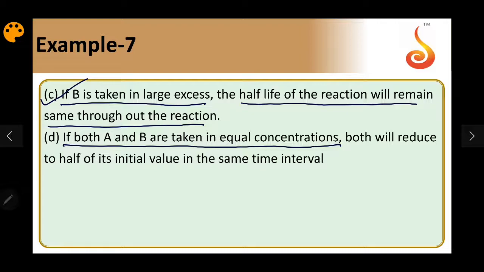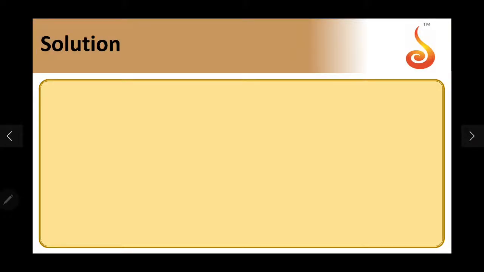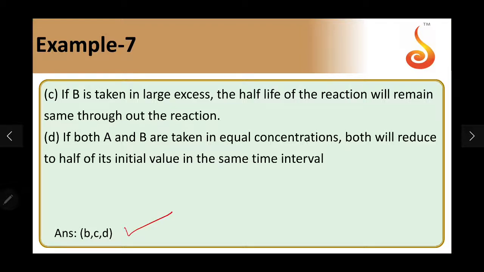So at half-life period, all the reactant concentrations will reduce to half of their initial value. So this statement is also correct. So answer should be B, C and D.